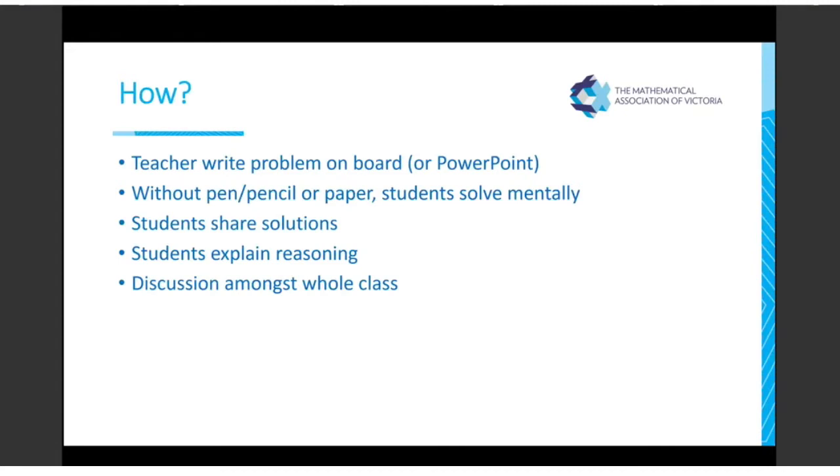At the conclusion of that, we ask for students to share solutions and share strategies. At that stage, it's really important not to comment on any of the solutions, even if any of the students do bring up the wrong solution.